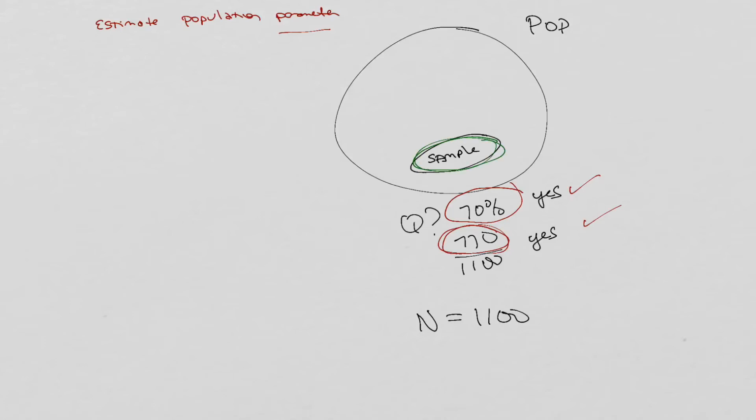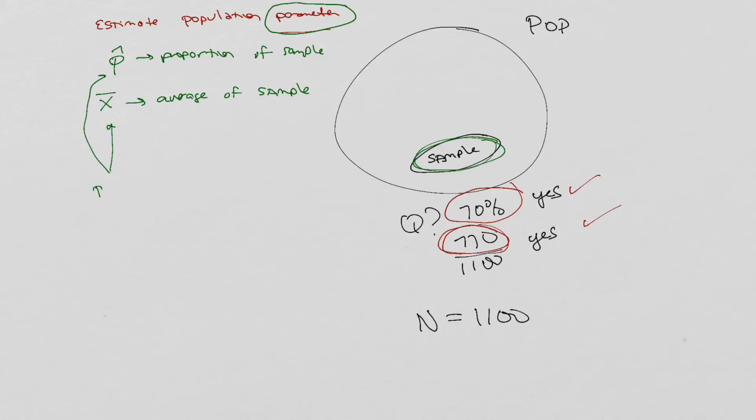Maybe I will get p hat, which is the proportion from the sample, or maybe I'll use x bar, which is the average or the count of the sample. Depending on which one we are using, we'll set up a confidence interval to try to capture the value of that parameter. Now these numbers, x bar and p hat, remember, are called estimates, or the fancier term, a point estimate for either mu or p, depending on which one we're trying to estimate at the time.